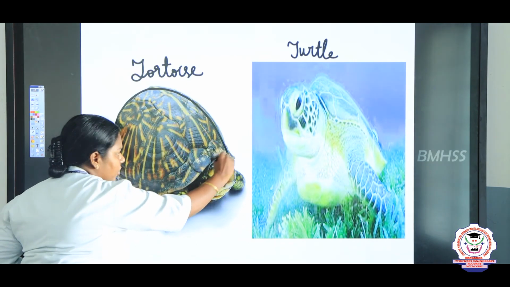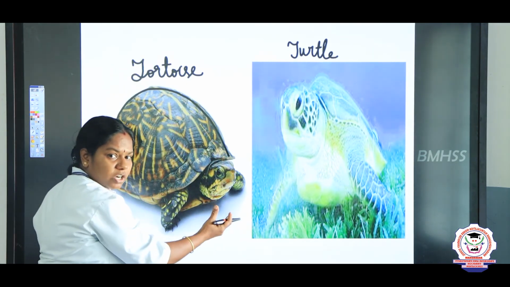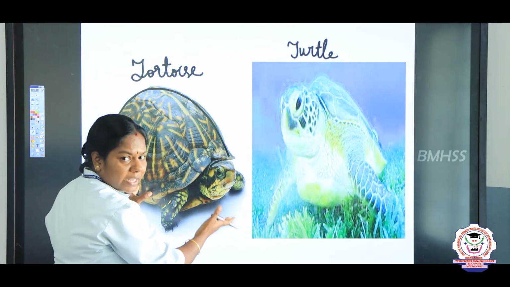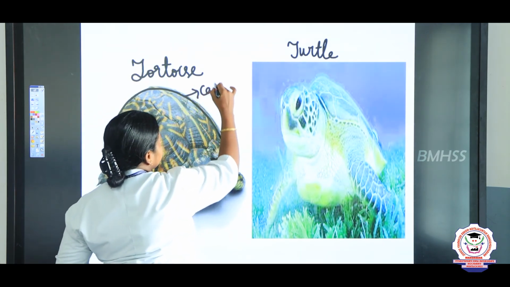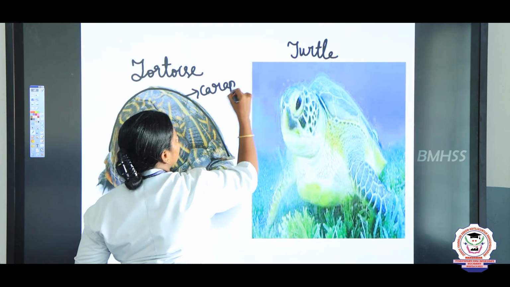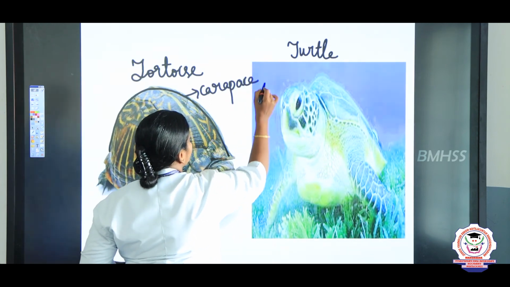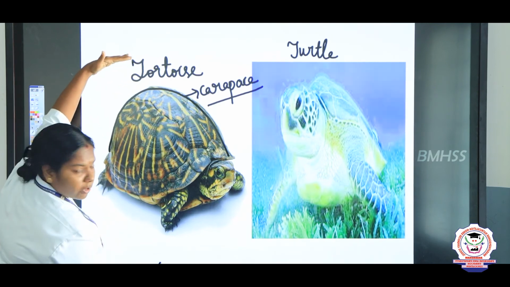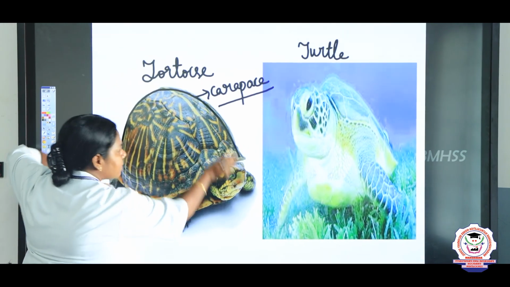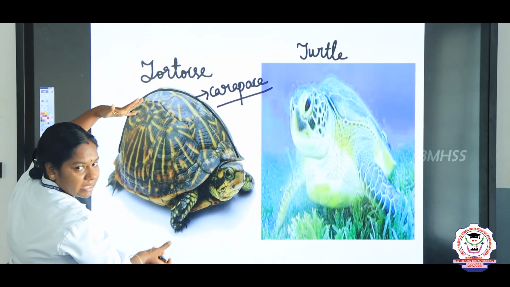You can see the tortoise has a dome shaped structure on it, right? It is covered by the hard exoskeleton. We say it as a carapace. Just underline in your book, carapace. So this carapace in tortoise is dome shaped, that is, in a half circle shape.